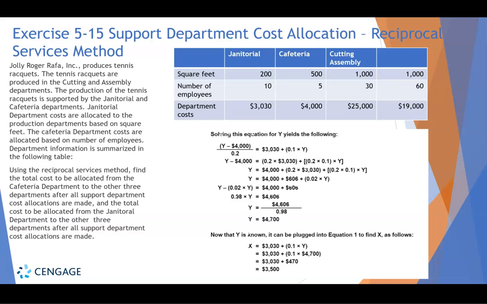So Y minus 4,000 divided by 0.2 equals the 3,030 plus 10% of Y. Y minus 4,000, we multiply both sides by 0.2, will give us 20% of 3,030 plus 20% times 10% of Y. We subtract, or divide both sides by 0.98 to come up with that Y is 4,700.